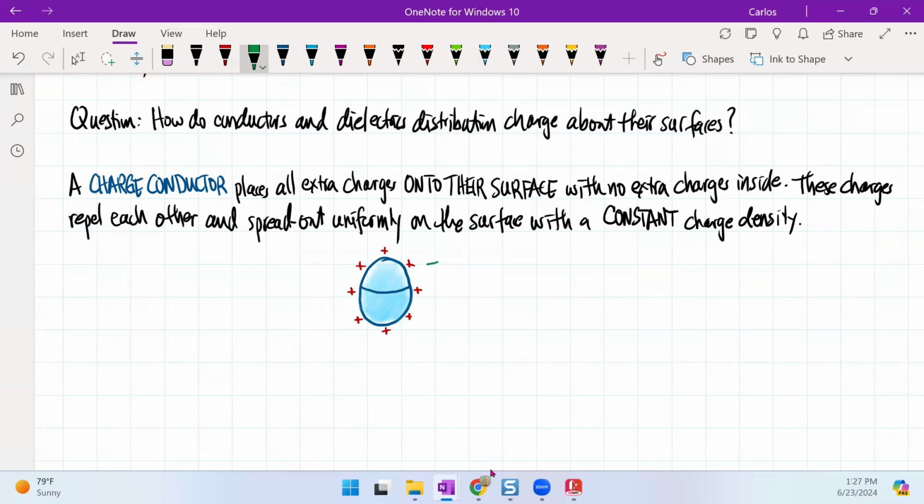So once again, we have charges on the surface. And inside the conductor, there are no charges inside. In other words, this thing is neutral inside.